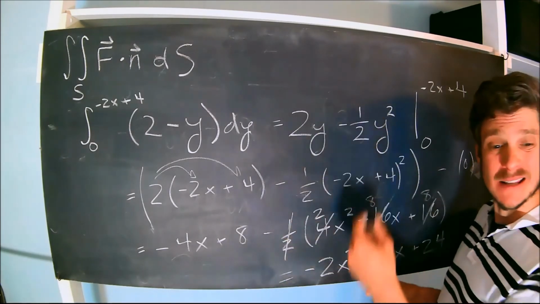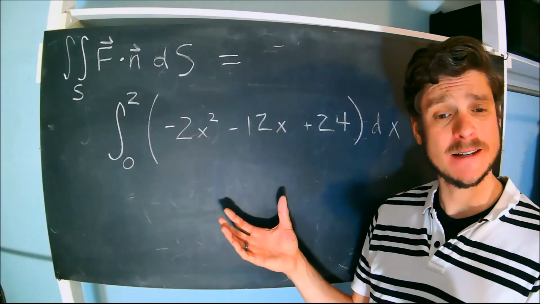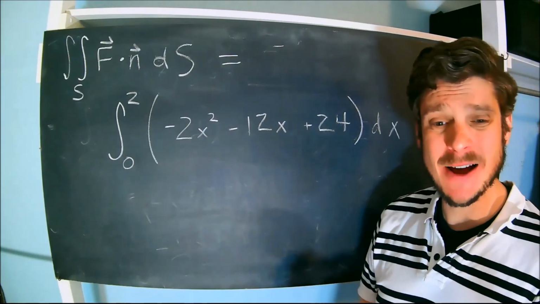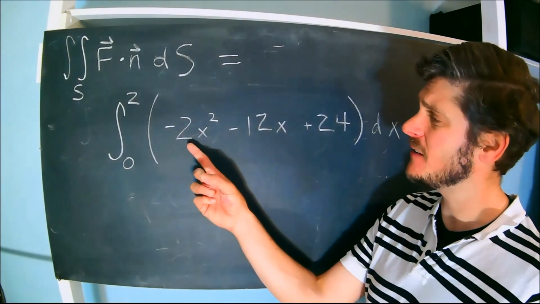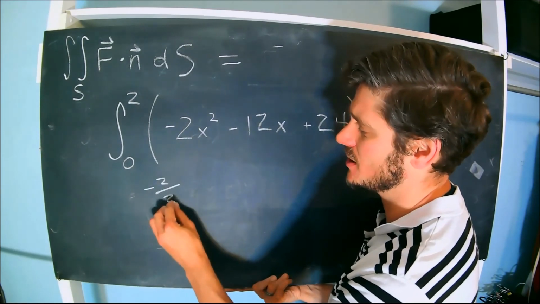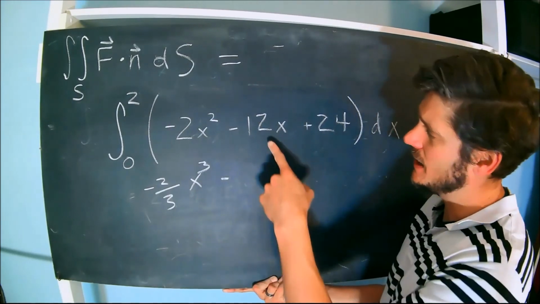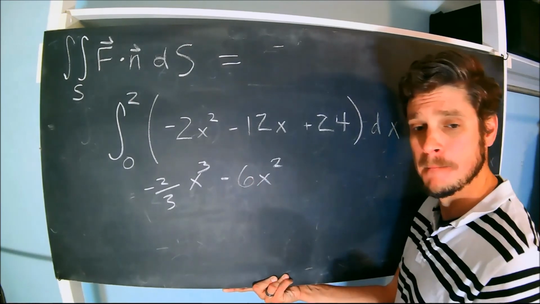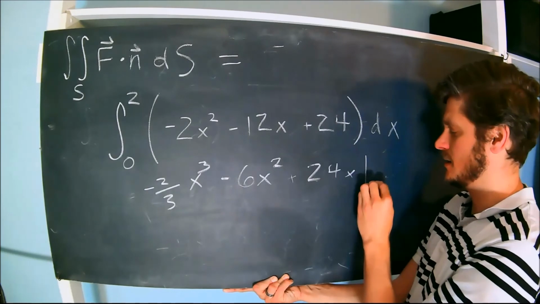Give me a second to go back to the top. All right, we're on our last step. This is it. Just have to integrate this with respect to x, plug in my bounds, and this problem will be done. So, let's integrate. What's the antiderivative of minus 2x squared? It'll be minus 2/3 x cubed minus, well, the antiderivative of 12x is 6x squared, and the antiderivative of 24 is 24x.